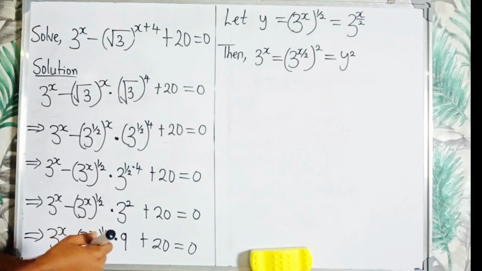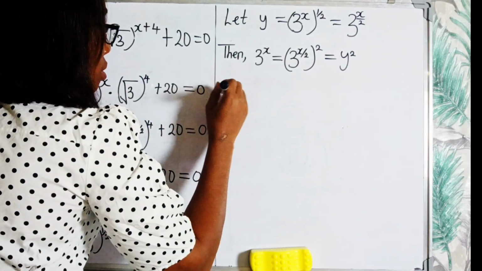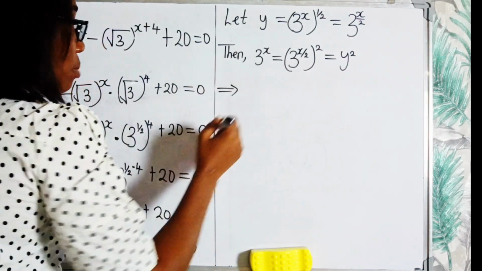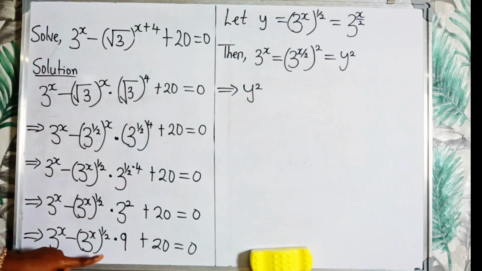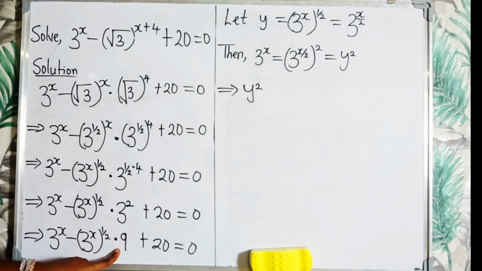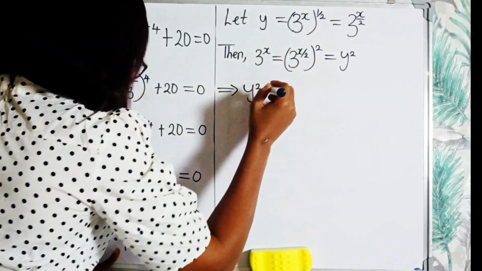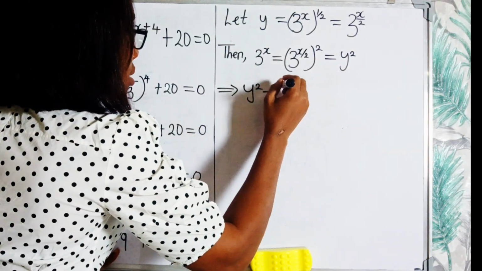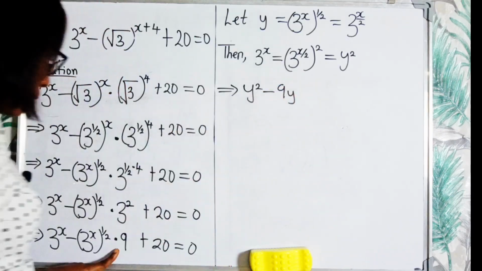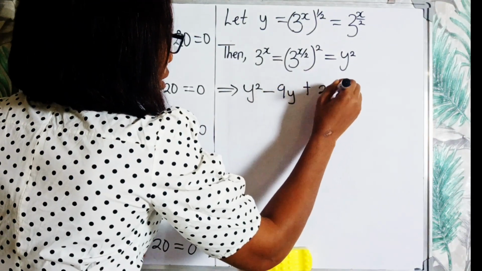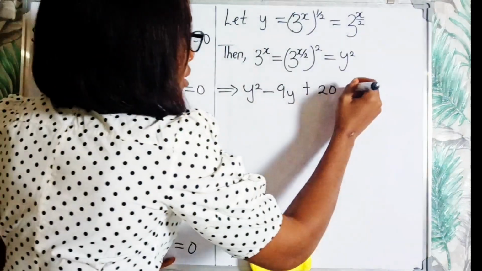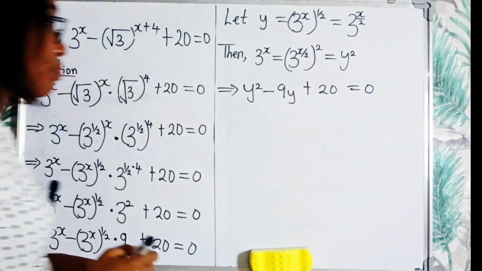So substituting y into the equation, I'm going to have y squared, the whole of this is my y, minus 9y plus 20, and this is equal to 0.